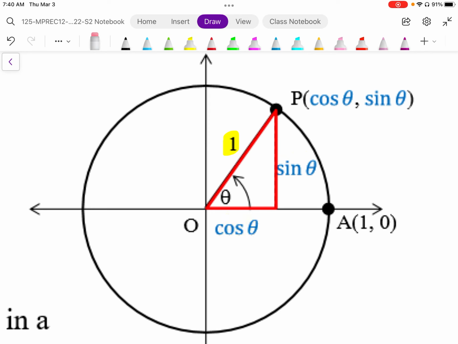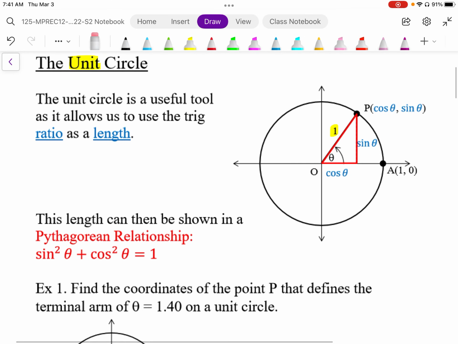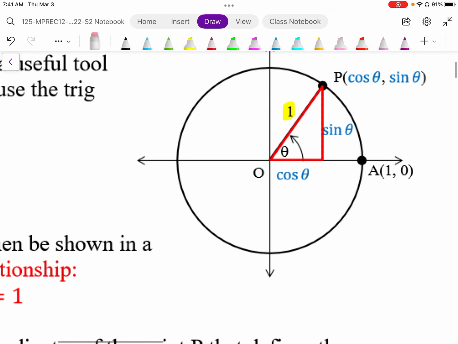So that's one reason it's useful for us in terms of circle trig. We can just scale a unit 1 radius very easily. The other reason is much more important as we get further into pre-calc 12 and calculus, because the unit circle allows us to also use the ratio cosine and sine as a length.